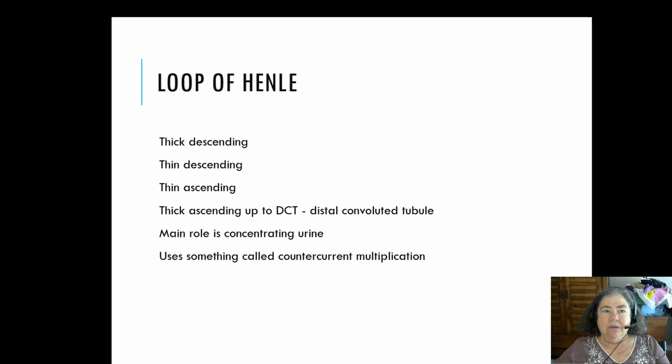I want to just quickly review that in the proximal convoluted tubule, all of the amino acids and proteins are quickly reabsorbed. Lots of sodium and water are reabsorbed, much of it through indirect secondary active transport of sodium down its concentration gradient, through things like the sodium hydrogen ion countertransport and the sodium glucose cotransport.